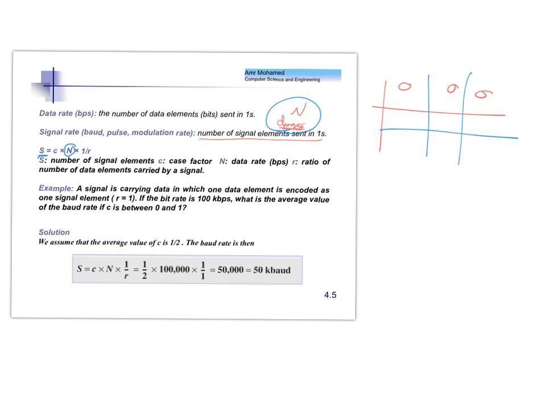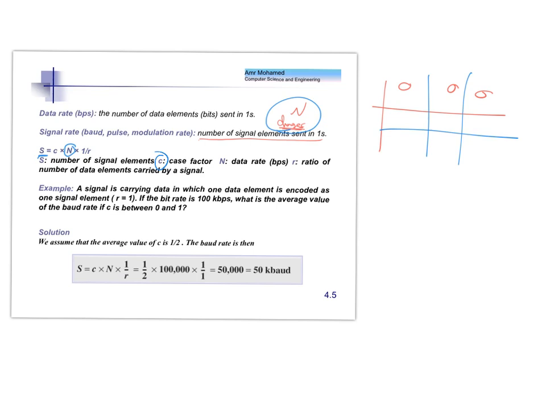And if we have fewer signal elements that represent the same number of data elements, the frequency required will be lower. So that's why it's proportional to 1 over R. So N over R is understood.